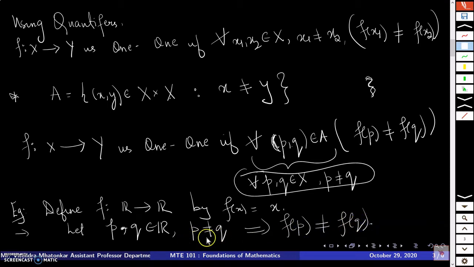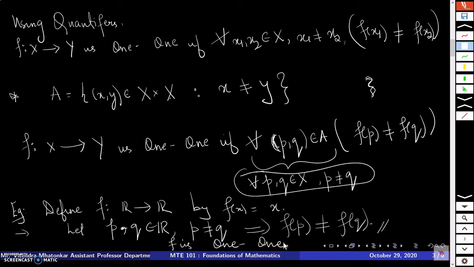So if you pick up two different points p and q from R, then f of p is not equal to f of q, because p itself is f of p and q itself is f of q. So this function f, the identity function, is 1-1. Right?